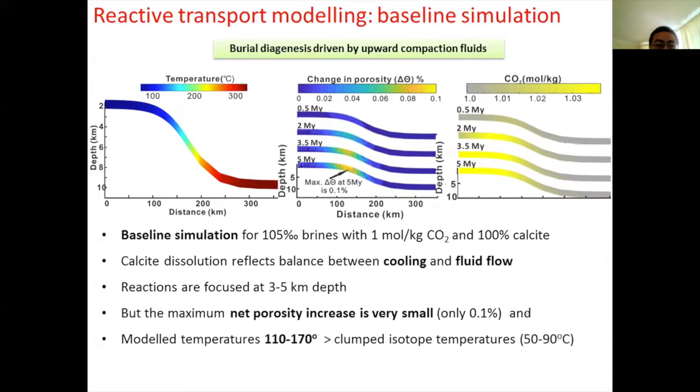100% calcite. During upward compaction flow, the fluid is cooling. The calcite dissolution during the upward flow causes alteration of the calcite. This alteration mainly occurs in this area, which reflects the balance between cooling and fluid flux.